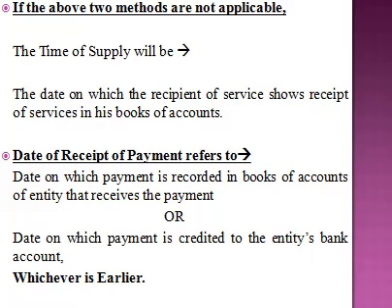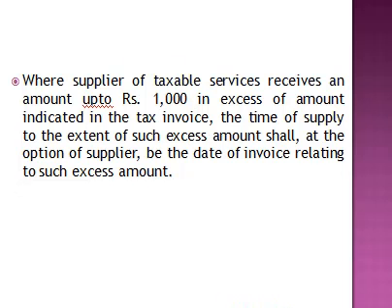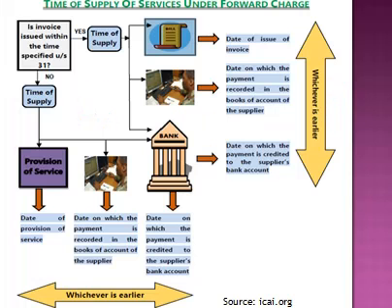The supply shall be deemed to have been made to the extent it is covered by the invoice or part payment thereof. The provision relating to time of supply in case of forward charge can be depicted through the diagram which I have mentioned over here. These diagrams have been taken from icai.org, so you can have a look there also.